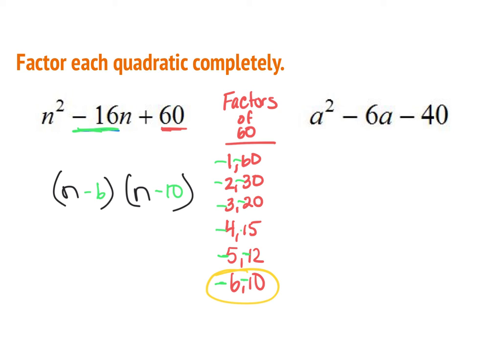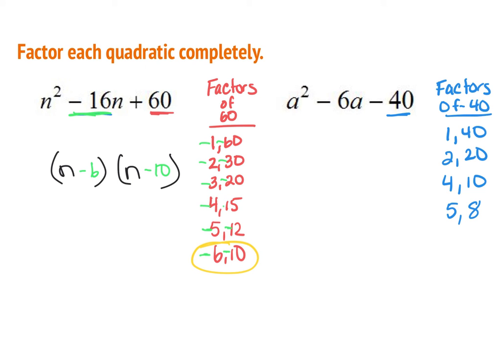So now let's try factors of 40. These are the factors of 40. But now we want to make sure that when we multiply them together, we get a negative 40. In order to get a negative, one of the numbers has to be negative and the other has to be positive.